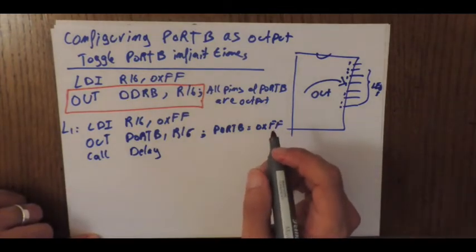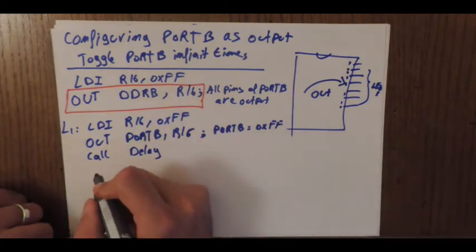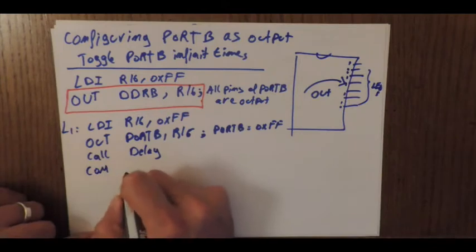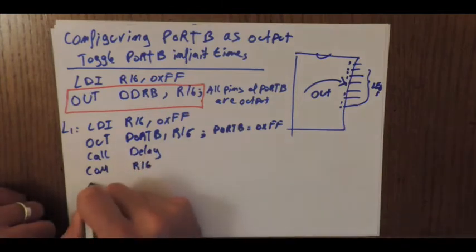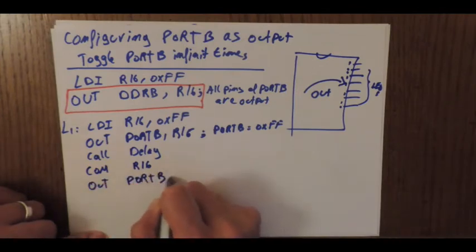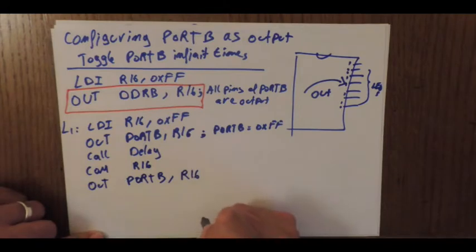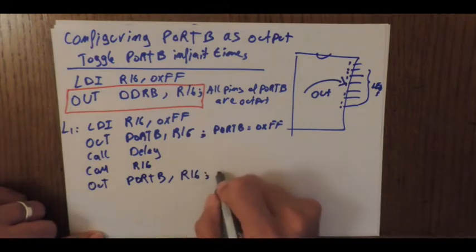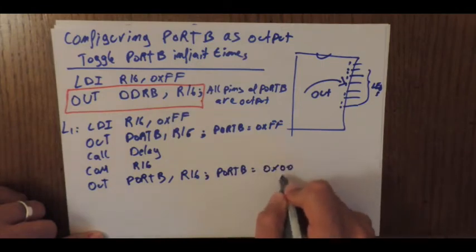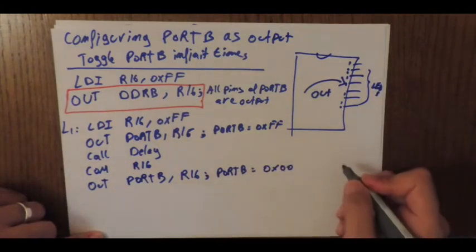I can go ahead and say, okay, I can complement R16 and then out port B, R16. In this case, I turn it off. So all the LEDs will be off.